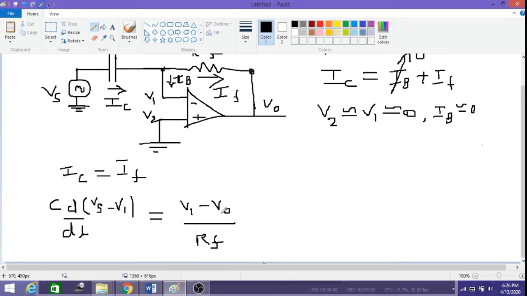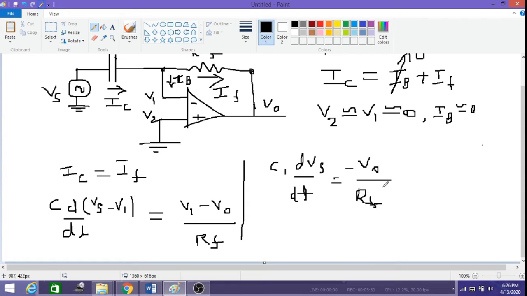We know that V1 is equal to 0, so this equation will become C1 into d by dt of Vs equals minus V0 by Rf.